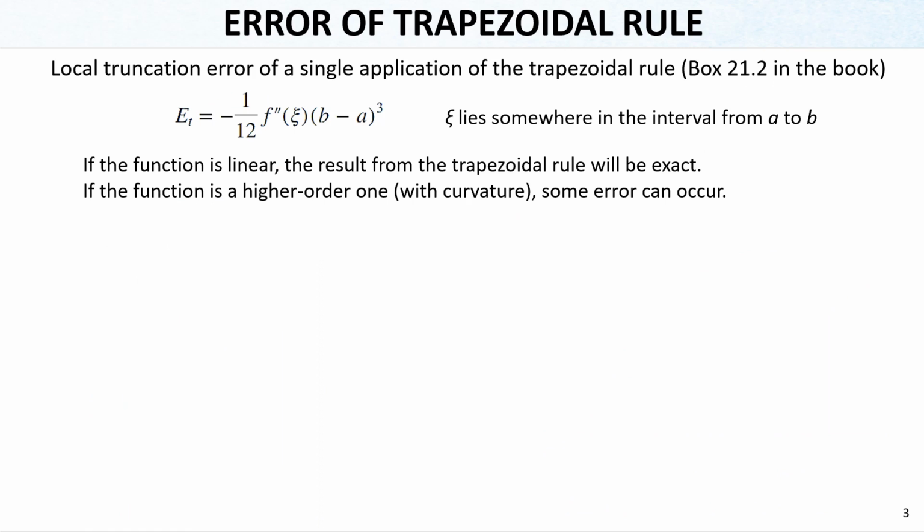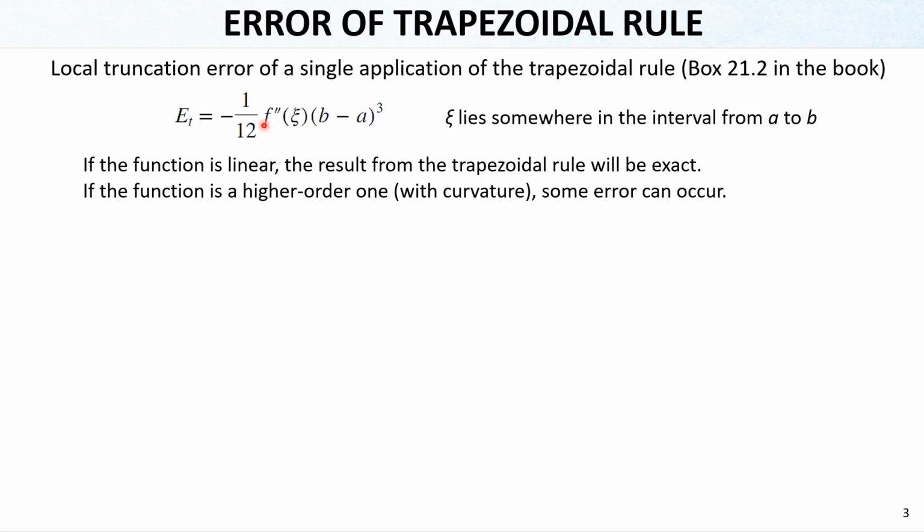The error of the trapezoidal rule actually has the second order derivative and the third order error, as you can see here. And the reason for this is, we said two slides before that the trapezoidal rule formulation is similar to the Taylor series expansion, just truncated after the first derivative.